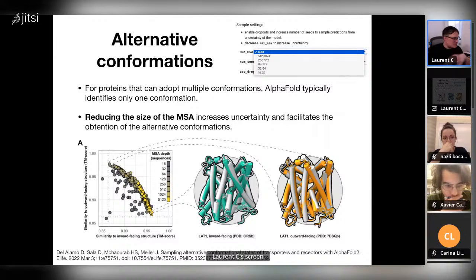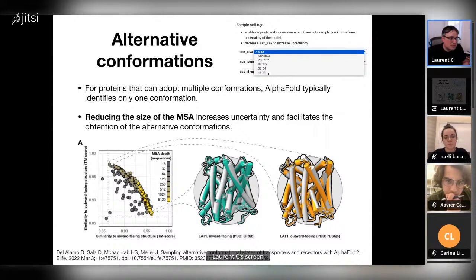So this was done for a protein that can exist in two different conformations. And what they show is that if you use a really large multiple sequence alignment, you will tend to converge towards one particular configuration.